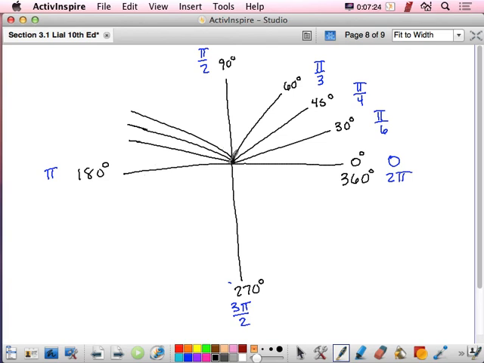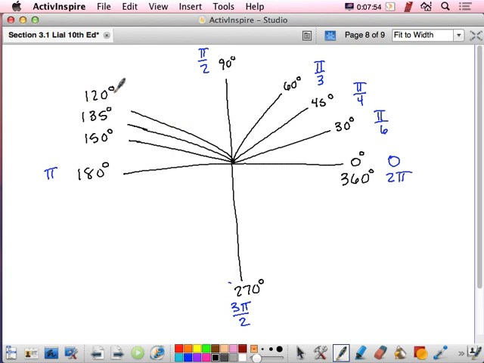So this guy right here has a 30-degree reference angle, which would make him 150 degrees. This one has a 45-degree reference angle, just like this one. They're sort of like reflections around the y-axis of each other. And that would make him 45 less than 180, so 135. And finally, the upper one here, the one furthest away from the x-axis, always has a 60-degree reference angle, giving it a measure of 120 degrees.